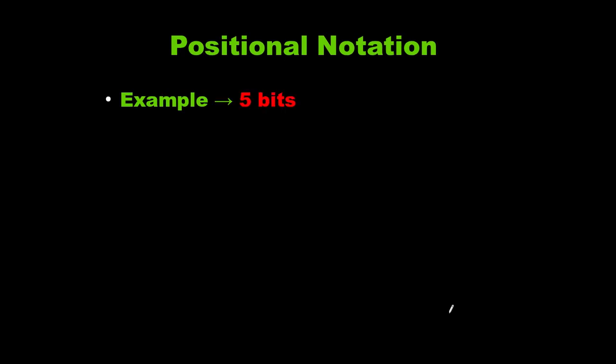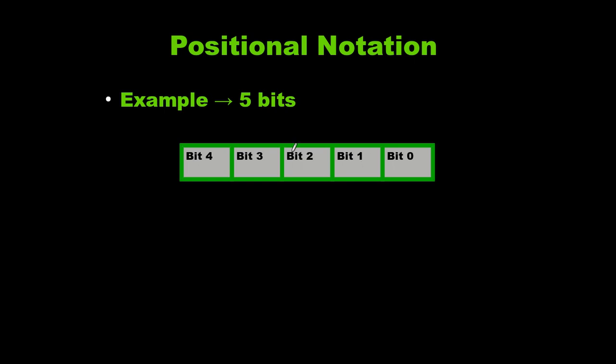Example, 5 bits. Now bit 0: what's the value of this? It has the value of 2 to the power 0 multiplied by whatever I have in it. This one has 2 to the power 1 multiplied by what I have in it.